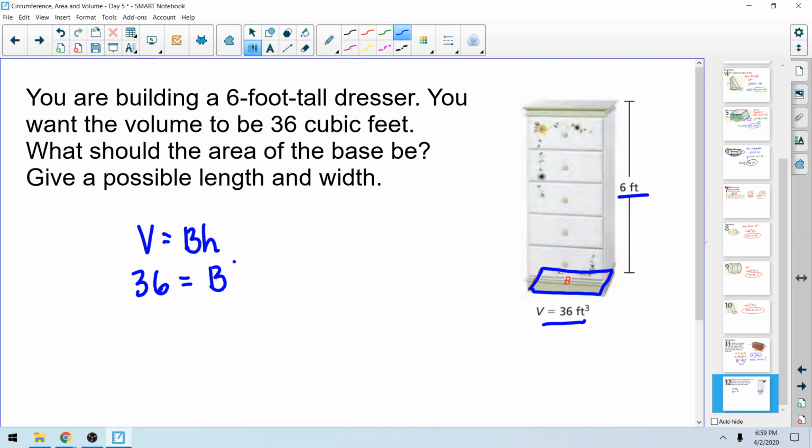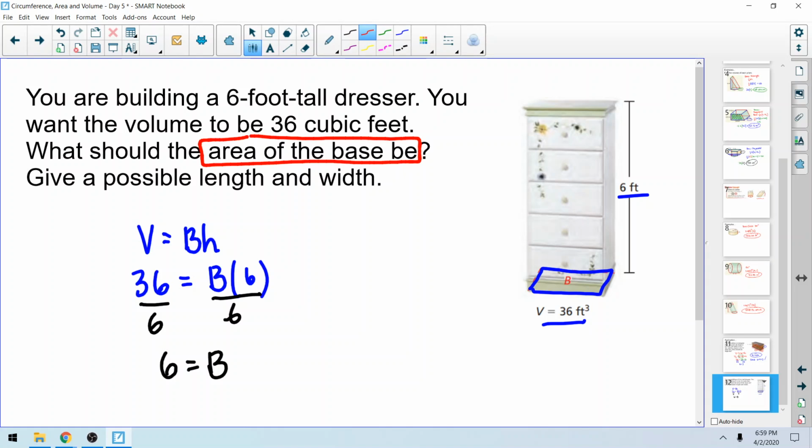The height, though, I know is 6. So I'm going to divide by 6, and then I'm going to get 6 equals big B, which means what should the area of the base be? Well, the area of the base has to be 6 feet squared.